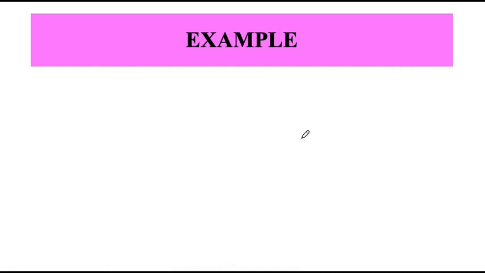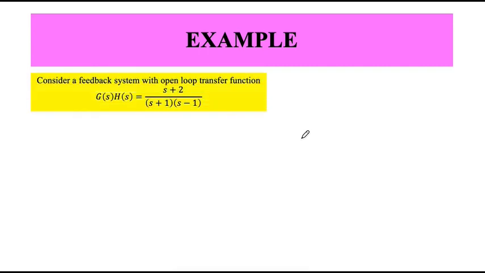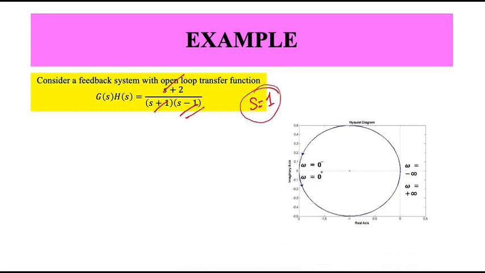So this thing we had seen last time also, right? I had a system with an unstable open loop pole at s equals 1. I had a zero, I had a pole. The system has an open loop pole at s equals 1, and this is the plot, this is -1 plus j0. I see that the plot encircles -1 plus j0 once in the counterclockwise direction, right?